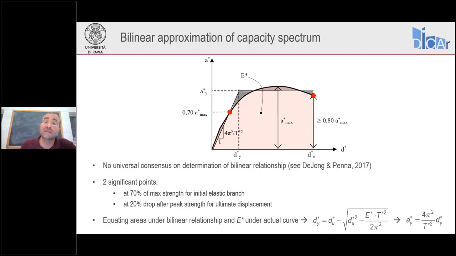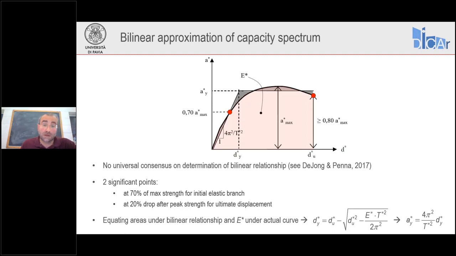That represents our ultimate displacement capacity, D star U. Now the problem is to determine A star Y, or equivalently D star Y. It's equivalent because they are in the last point of the elastic branch, which has a slope equal to 4 pi square divided by T star square. T star is the elastic period of the single degree of freedom oscillator.